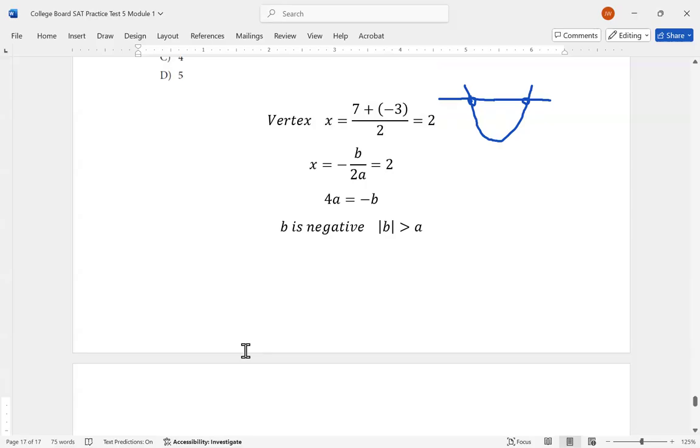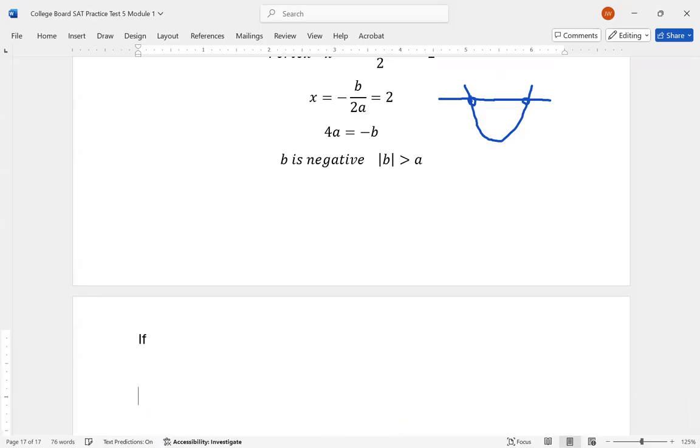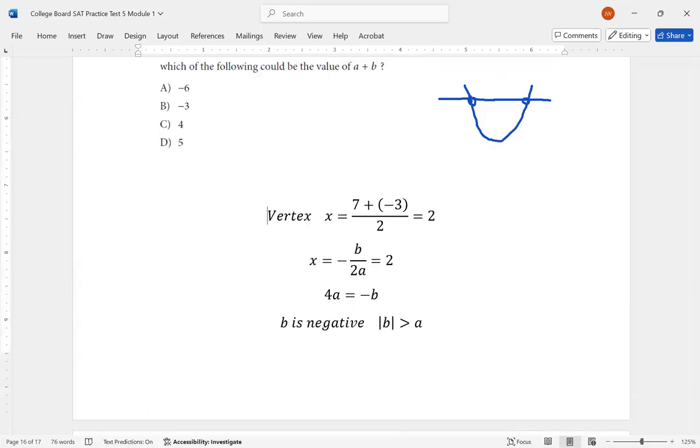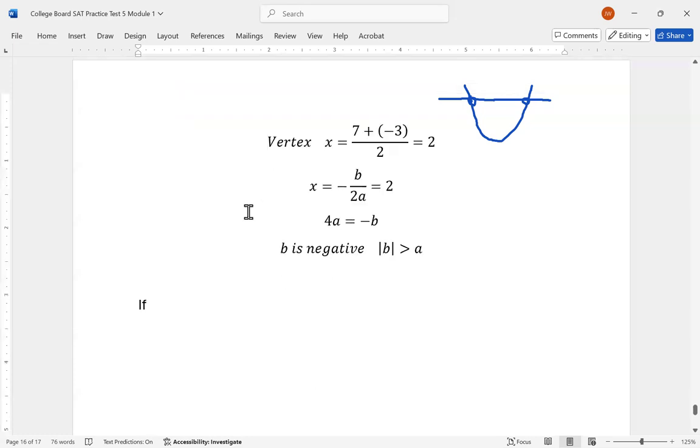If a plus b is equal to -6, that means a is equal to, when I subtract b from both sides, -b - 6.